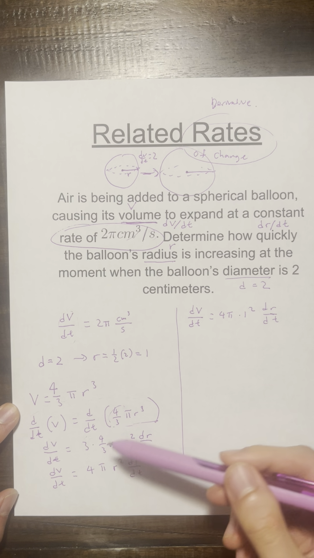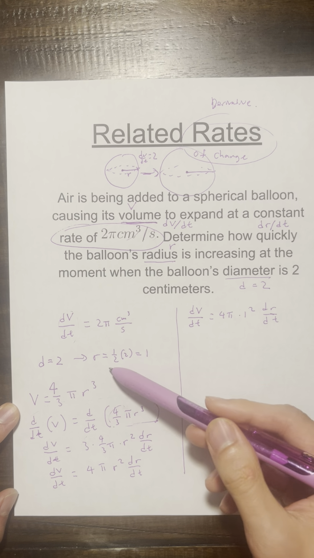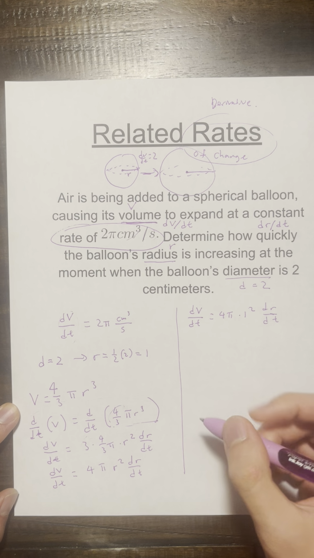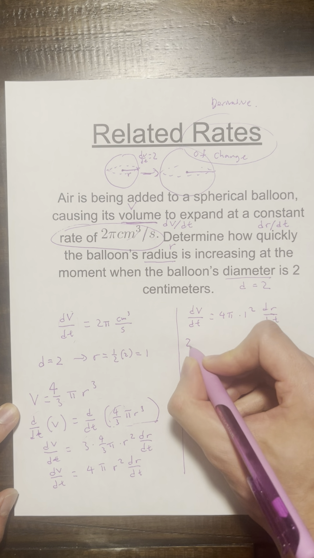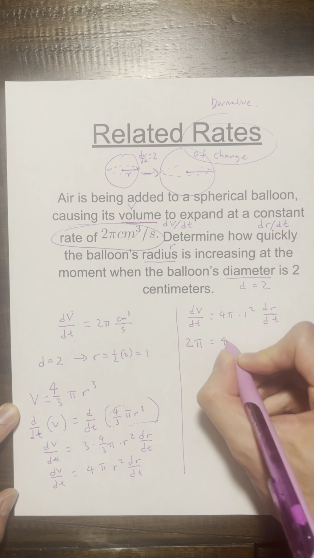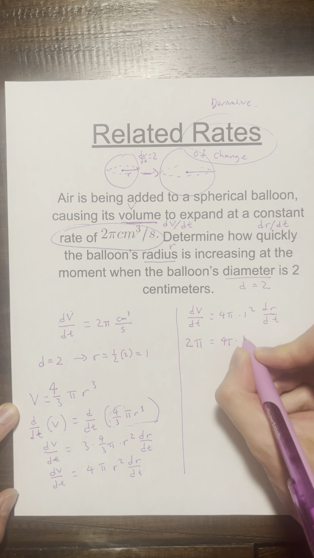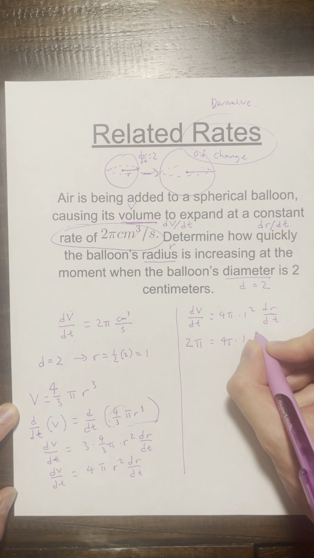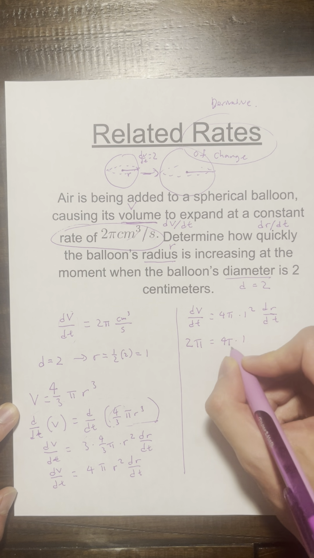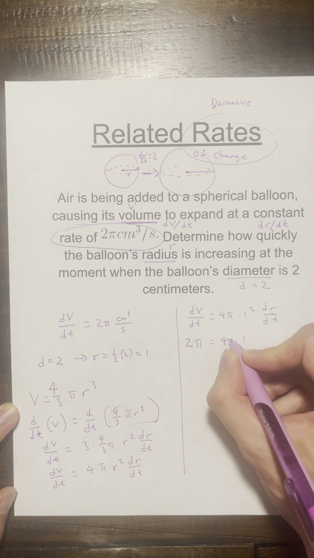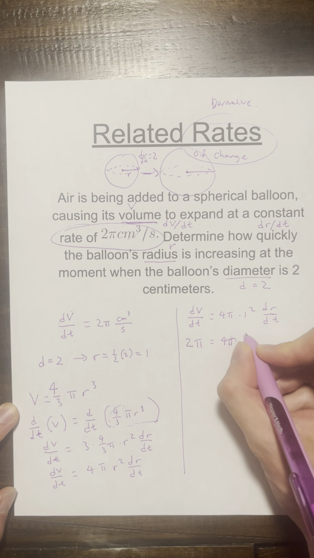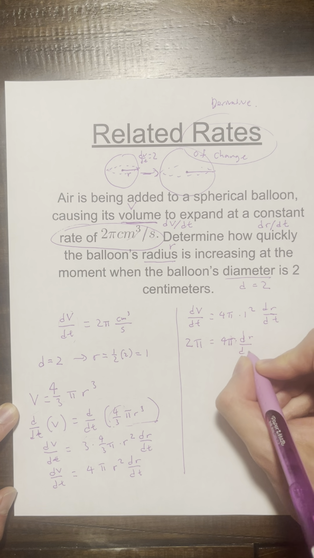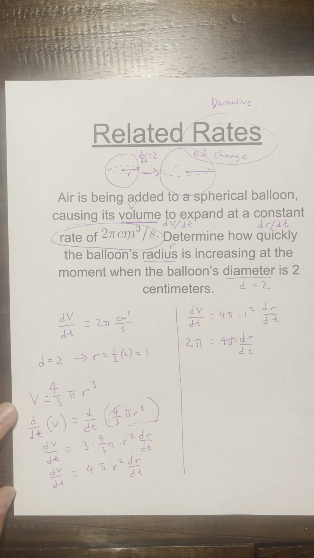Then we started plugging stuff in. We plugged in the radius, and now we're going to plug in dV/dt. So 2 pi equals 4 pi times 1 squared, which is just 1, times dr/dt. Multiplying by 1, that's just 4 pi. This is the same thing as 4 pi dr/dt.